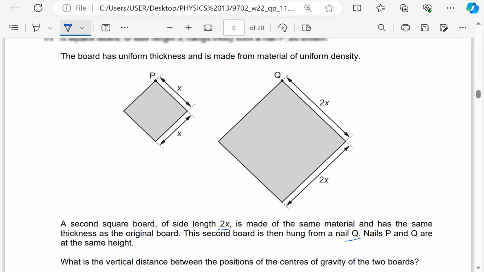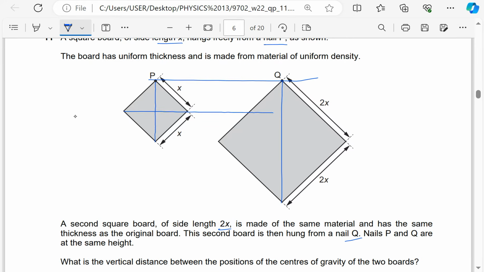So because nail P and Q are at the same height, that makes my calculation very easy. If these ones are the same height, I want to just find the vertical distance. So I will need to draw a vertical line here, and a vertical line here. I will also draw the horizontal line here, and the horizontal line here.